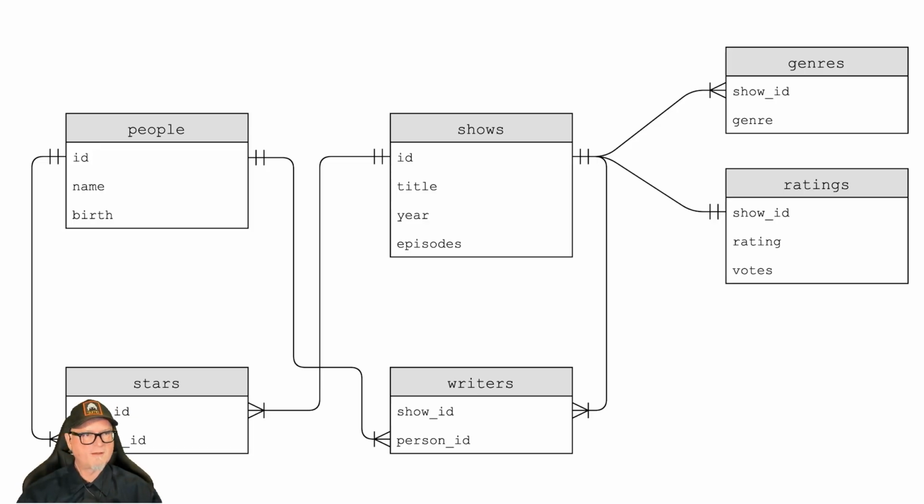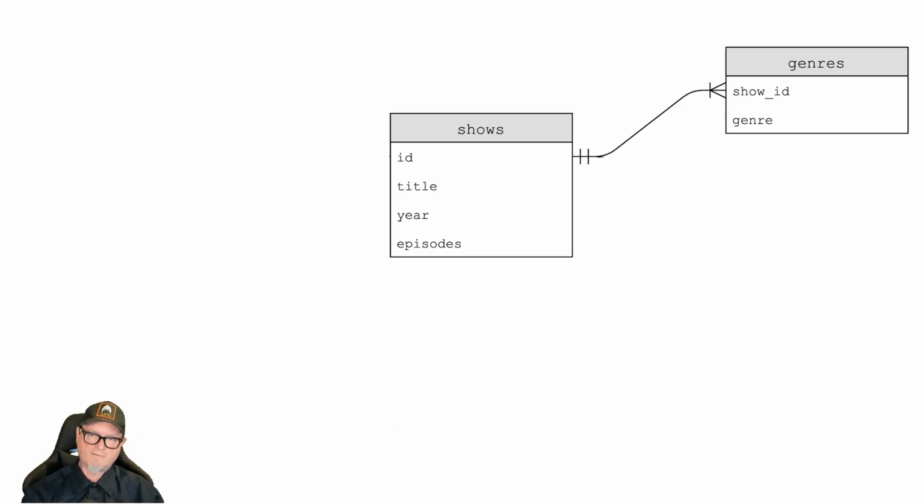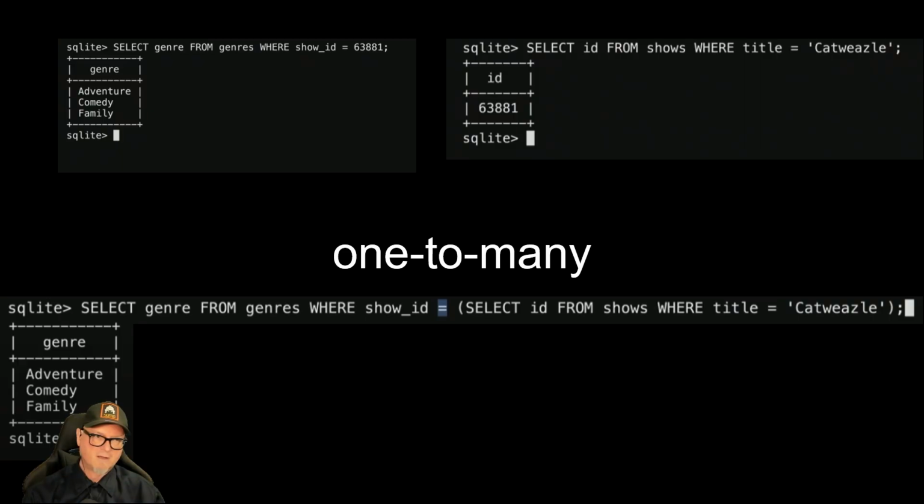All right, so that was talking about a one-to-one relationship for the schema. And we can also have a one-to-many relationship where we were talking about genre. One show can be associated with many genres. Okay.